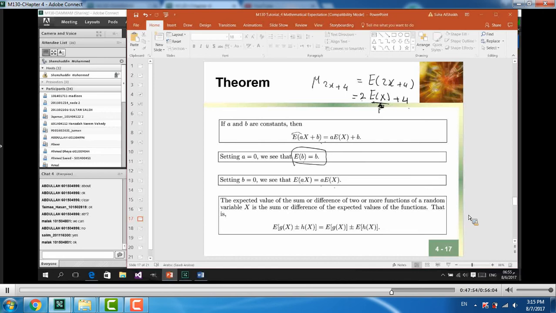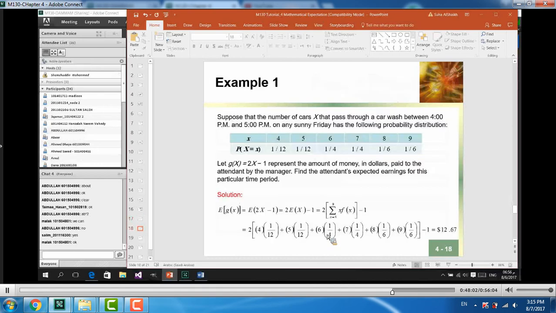As an application of that one, do you remember the example we did before? I told you to put it in your mind because again we will do it in an easier way. This table that we have, the gx is 2x minus 1. I'm supposed to find the expectation of 2x minus 1 here.